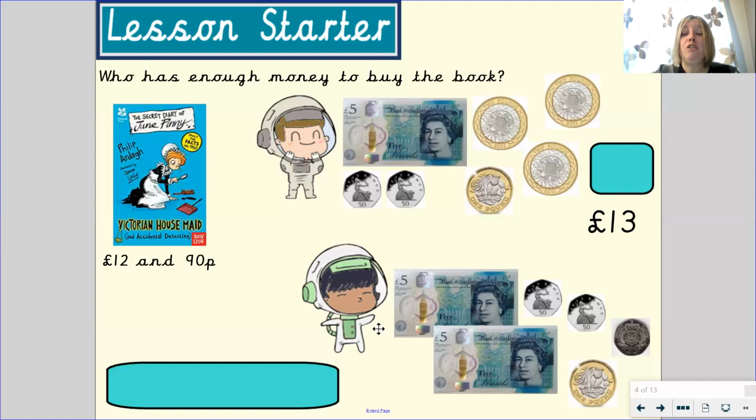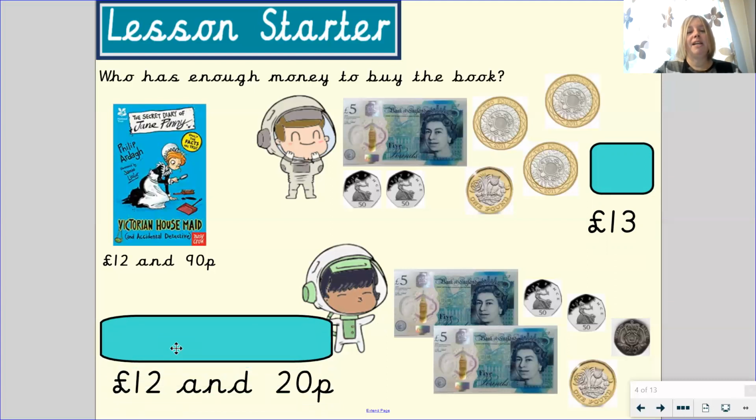If we add the two 50p's together, we have 100p, so we can exchange this for a pound coin, which gives us £12. He also has a 20p coin. So altogether, our green astronaut has £12 and 20p.